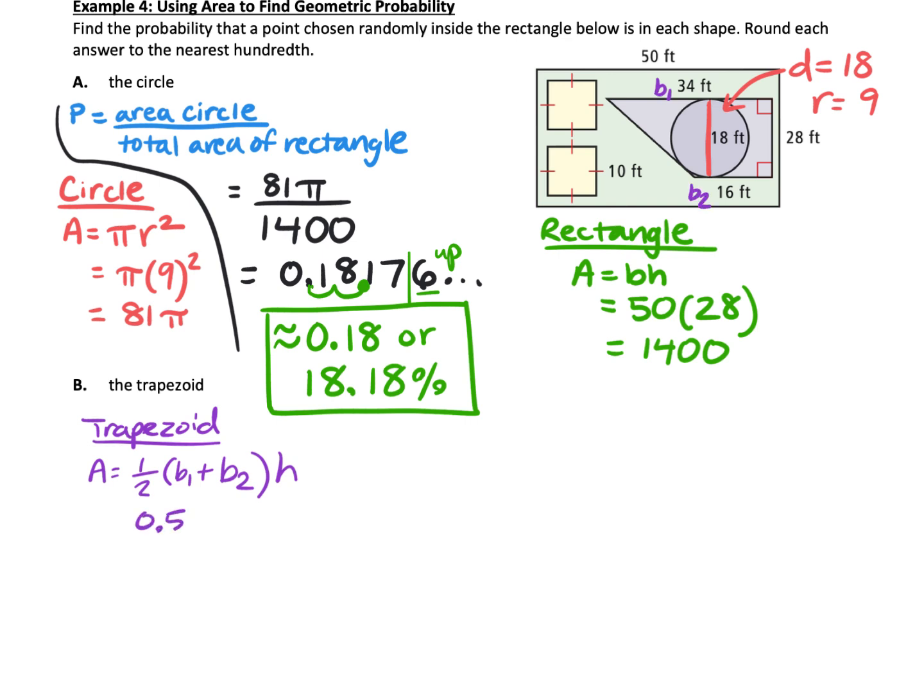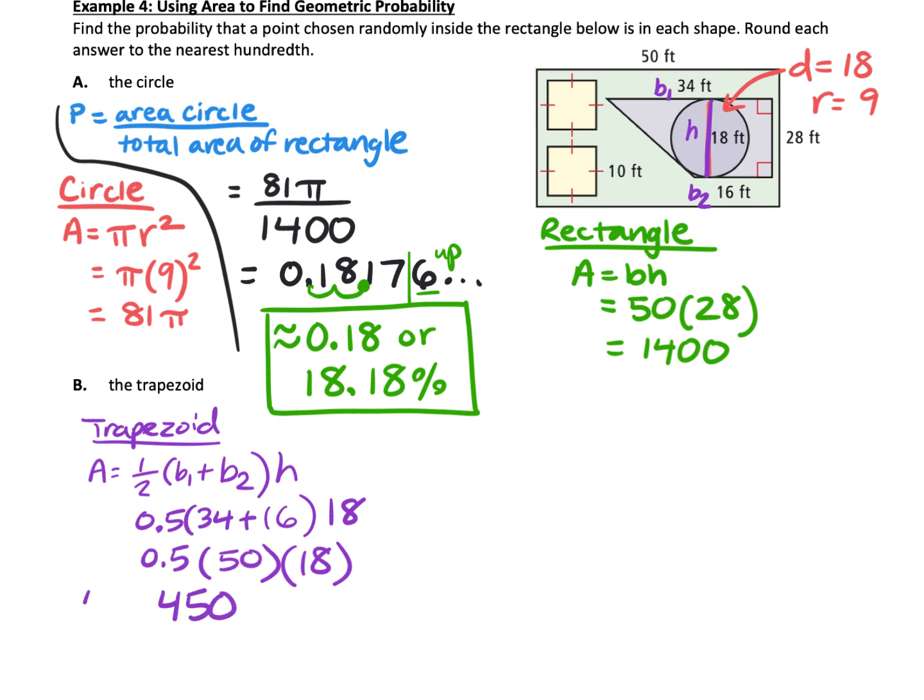So I'm going to go half of 34 plus 16. And then the height is the distance between the bases, which is the same as the diameter of the circle right here. So that's going to be our height, 18. And now I'm just going to simplify that here. So it's half times 34 plus 16 is 50, and then times 18. And we can then just type that whole thing in our calculator. 0.5 times 50 times 18 is equal to 450. So the area of our trapezoid is 450.